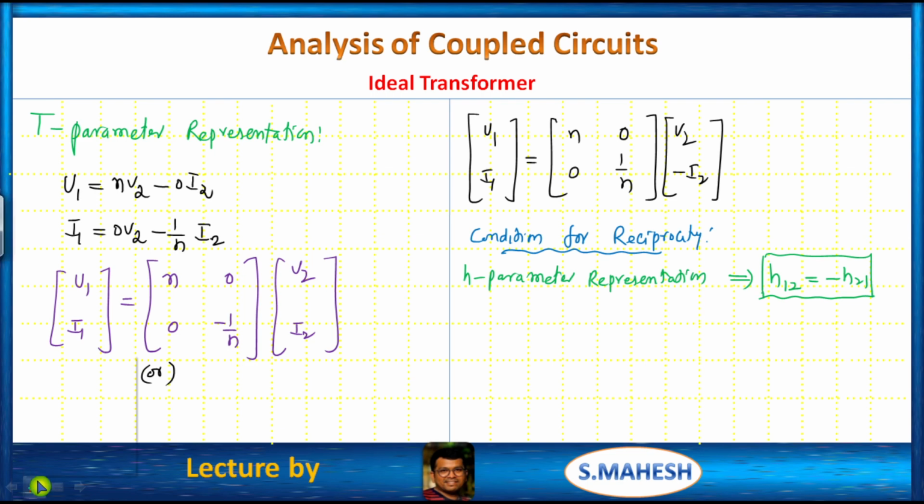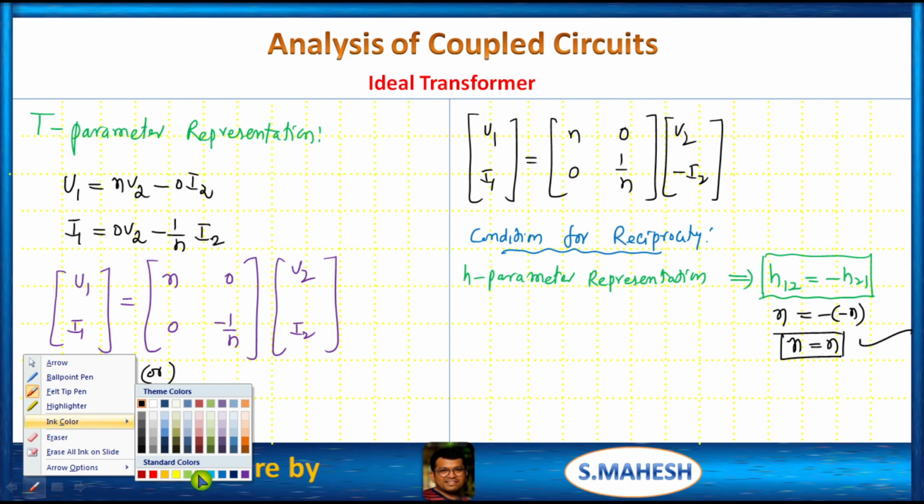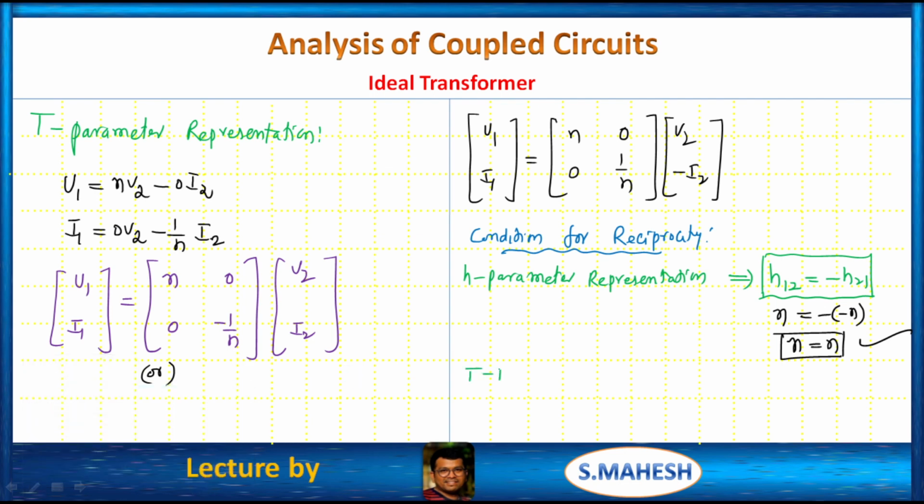So from this, N equals minus N, so N equals N, satisfied. Like that, T parameter representation.